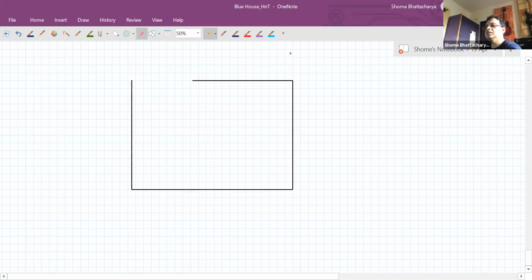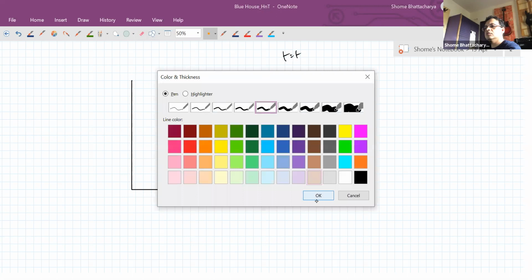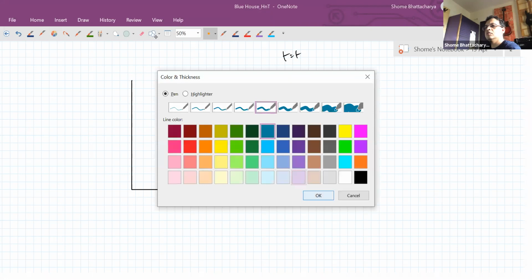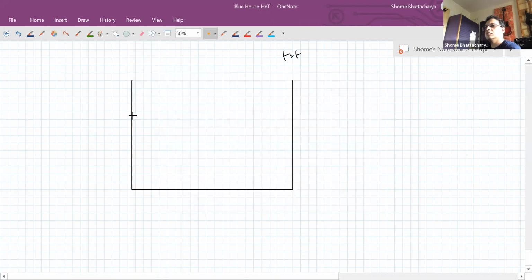So at some time T, we have water and we have ice above.